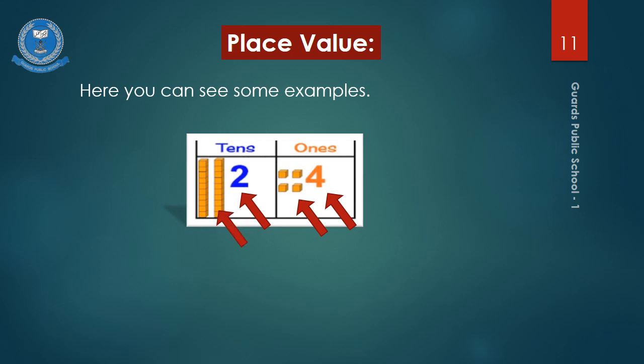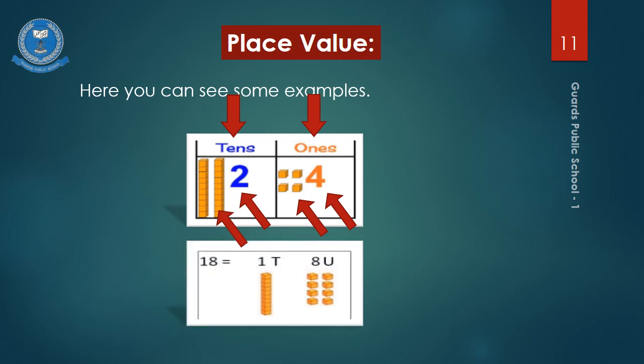Can you see 2 bars? Yes. So the number on the left side, that is 2, should be written in the tens column. And the number on the right side, that is 4, should be written in the unit column. Same as with 18. 1 should be written in tens and 8 should be written in the unit column.